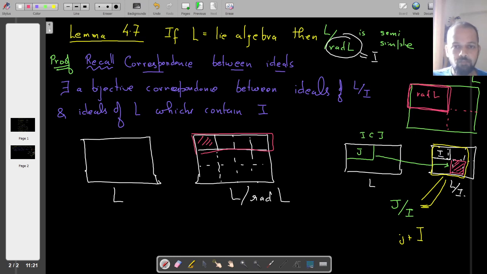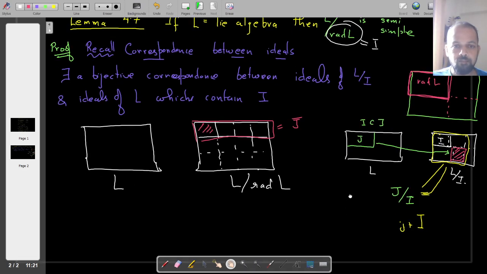So I start with, I will be calling this J bar. This J bar is going to be a solvable ideal inside L by radical L, and I will end up showing that this J bar is only 0, and therefore I can conclude that L by radical L is semi-simple.